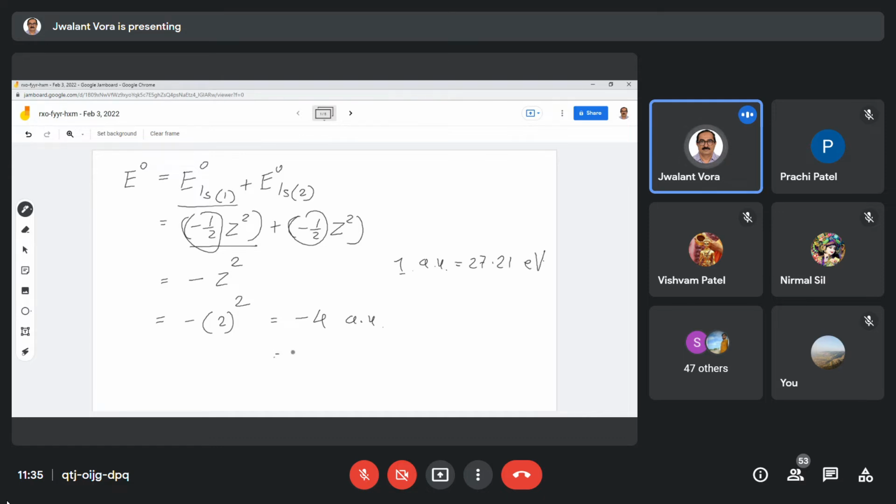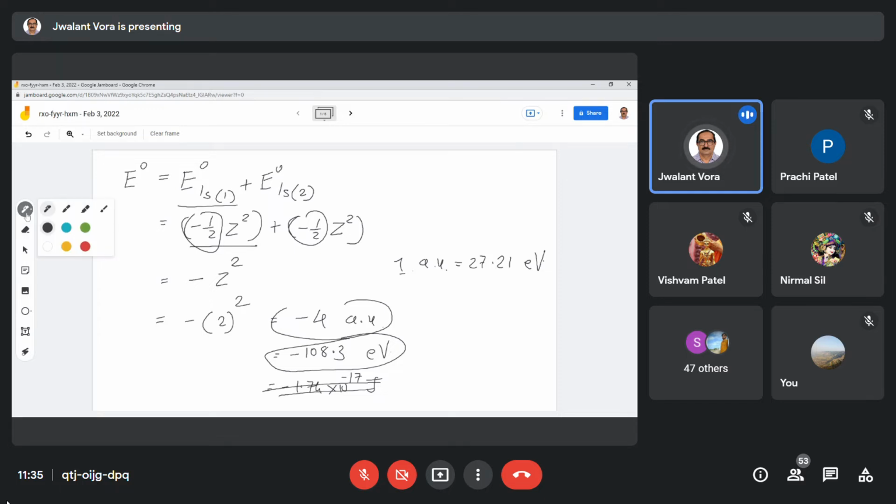So this is equal to minus 108.3 eV. Or if you want to write it in joules, 1.74 into 10 raised to minus 17 joule. Just try to remember this value or this value. Any one value will do.